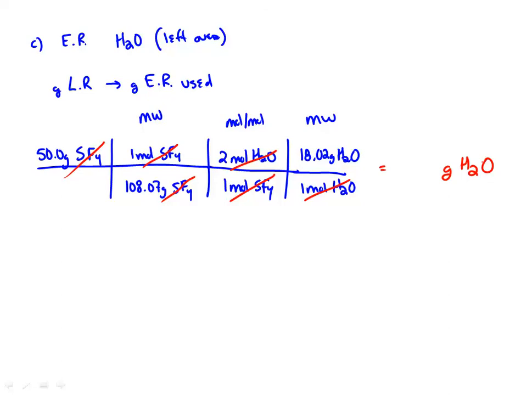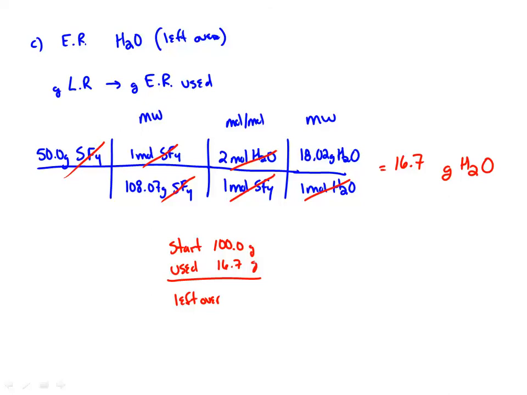So let's see, some people have calculators out. Let's see if we all agree. 50 times 2 times 18.02 divided by 108.07 is 16.7 grams of H2O. You started with 100, you used 16.7, so the leftover is 100 minus 16.7.